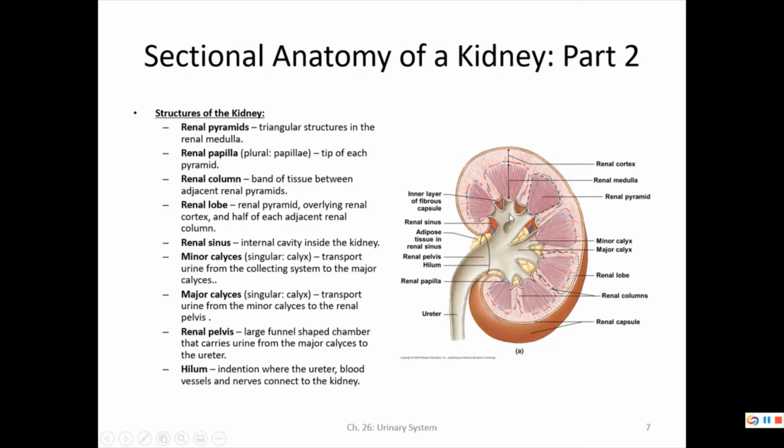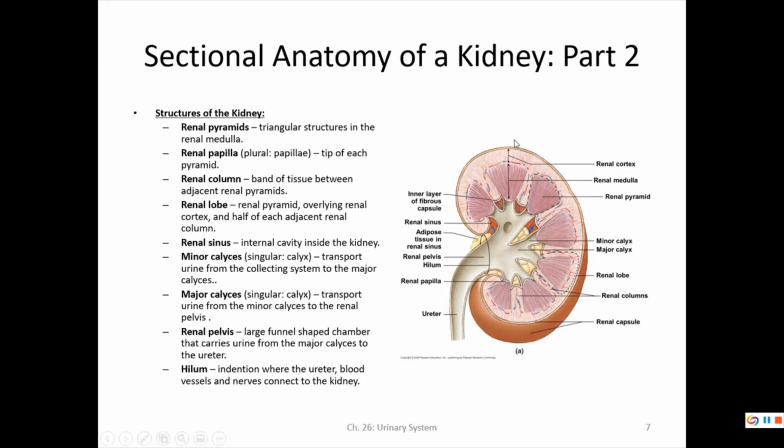The minor calyces are transporting and collecting urine from what is called the collecting system. They go to major calyces. The major calyces then take all this urine to the funnel called the renal pelvis. The renal pelvis then takes us this funnel into the ureter, and the ureter goes to the bladder.